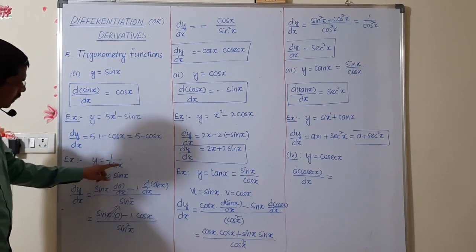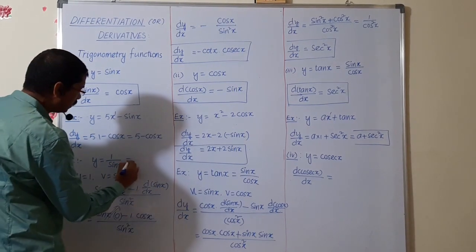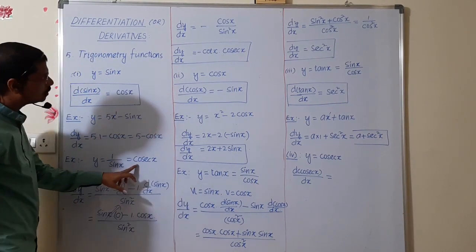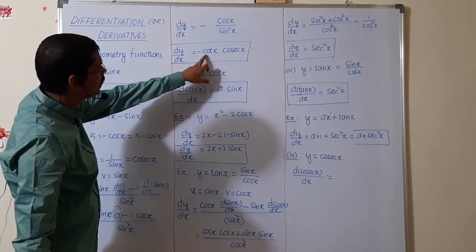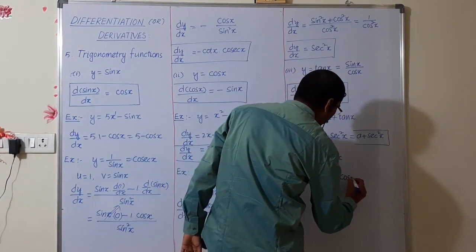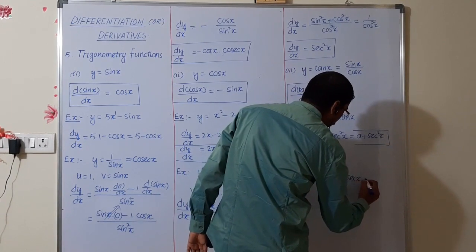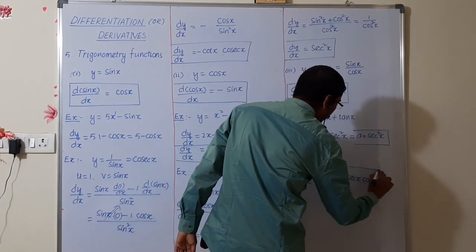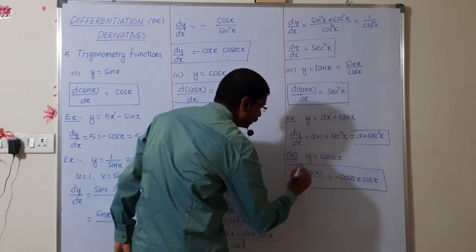This 1 by sin x is cosec. The formula we get, I am substituting here: minus cosec x cot x. This is the formula for cosec.